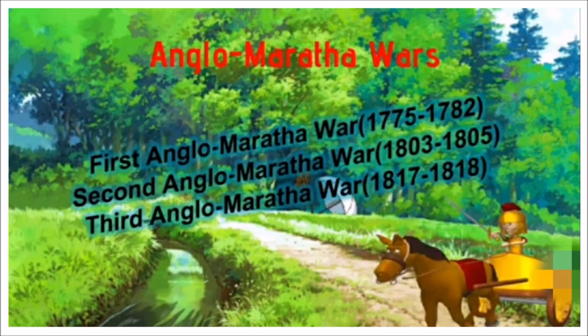Then the Second Anglo-Maratha War between 1803 and 1805. Then the Third Anglo-Maratha War between 1817 and 1818. Students, in the next class we will see it one by one in detail.